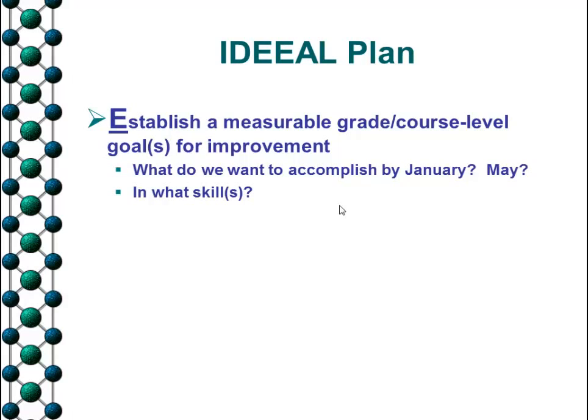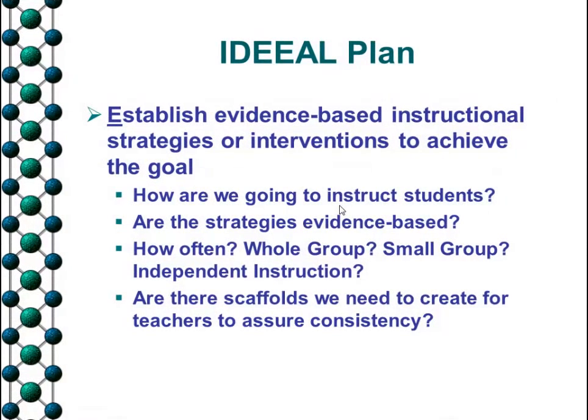So we're going to move on to the next one. Establish evidence-based instructional strategies or interventions to achieve the goal. We've identified a skill area, we've looked at what we're already doing, and we've set a goal. Now, how are we going to get there? What's the teaching involved?